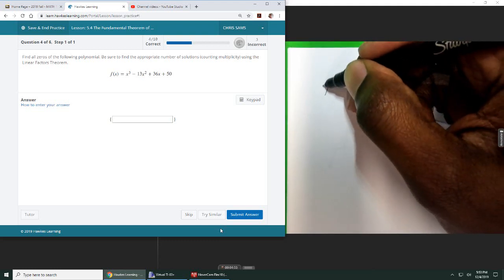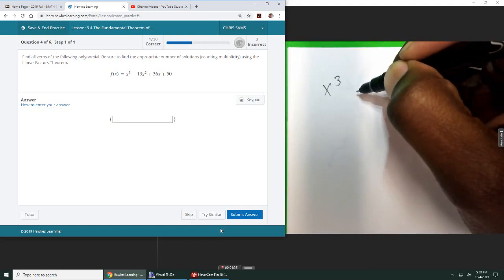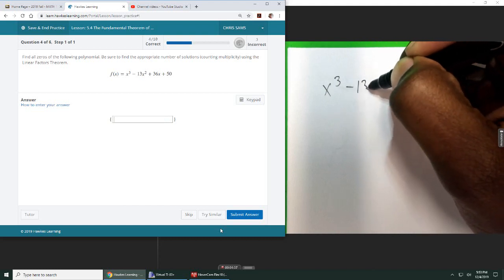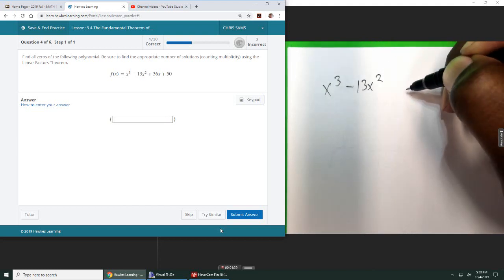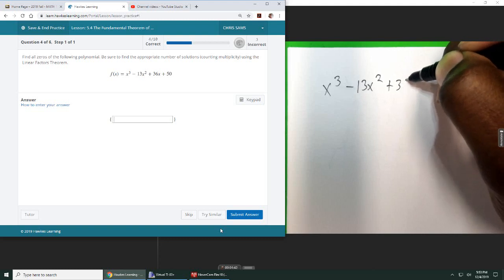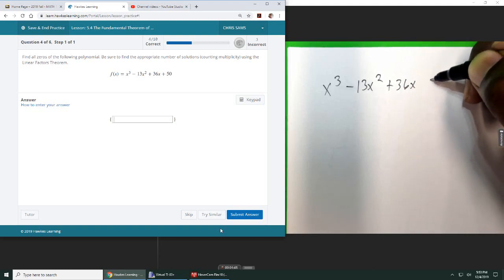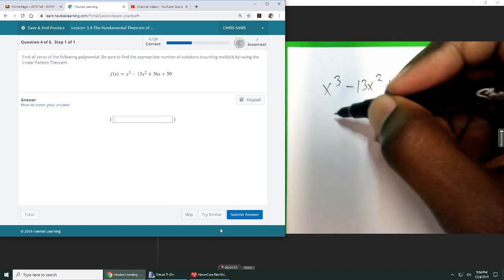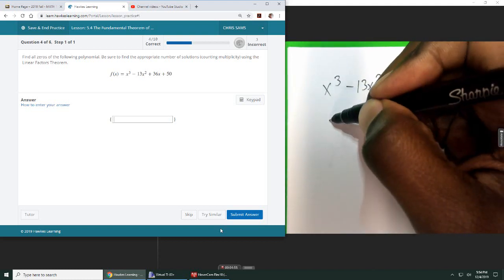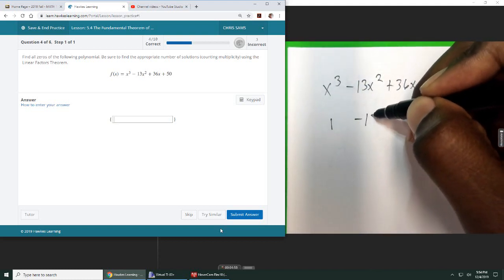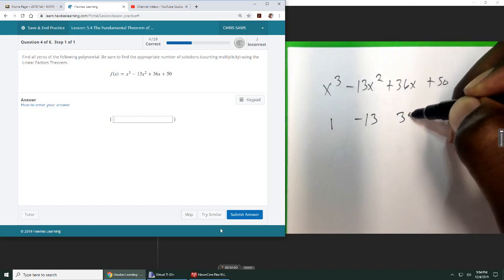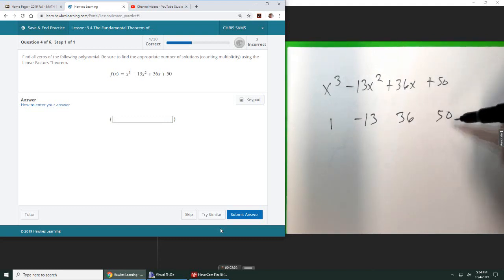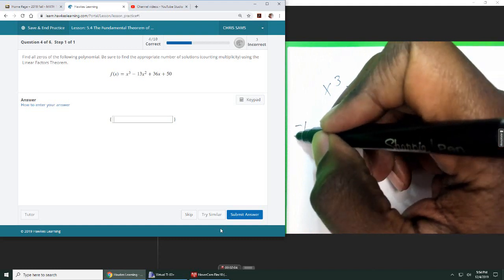Okay, so we have x cubed minus 13x squared plus 36x, and then plus 50. Now, I'm going to list the coefficients since we have all our terms. So 1, -13, 36, and 50. And it looked like -1 worked from the graph.